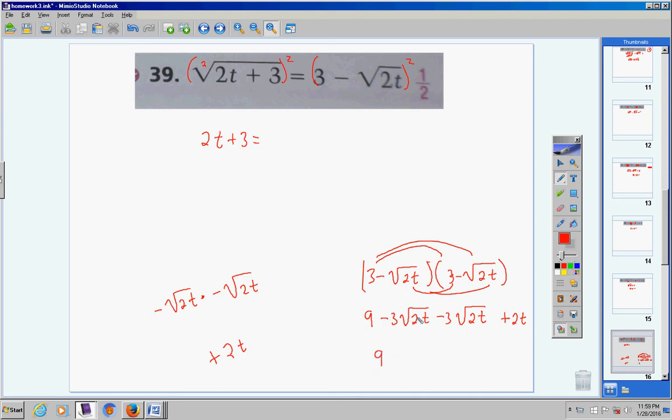We have square root of 2t, square root of 2t, so we combine the outside numbers, negative 3 and negative 3, negative 6 square root of 2t plus 2t.